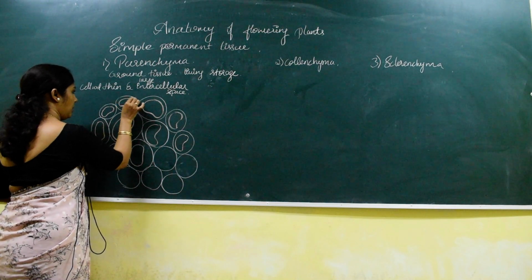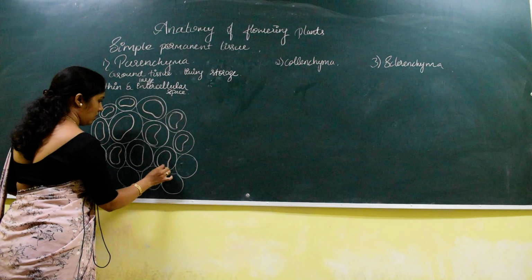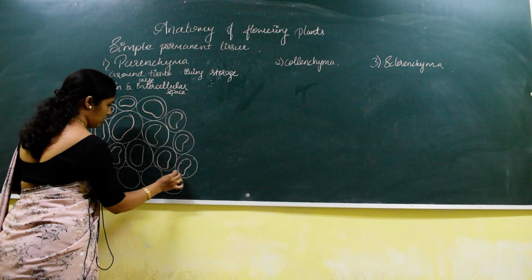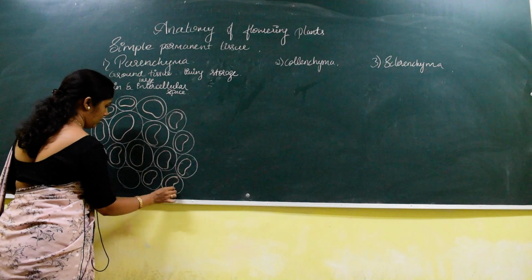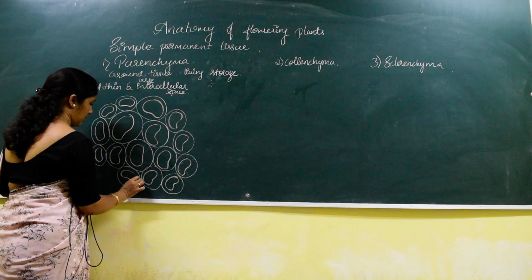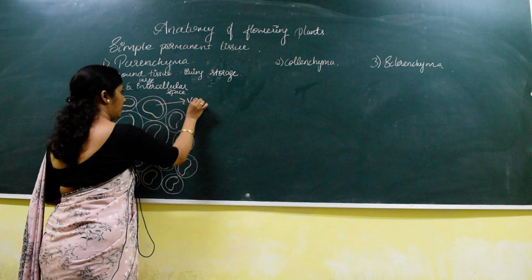The membrane of the vacuole is called the tonoplast. The maximum portion of the cytoplasm is occupied by the vacuole in the plant cell. So this is the vacuole.